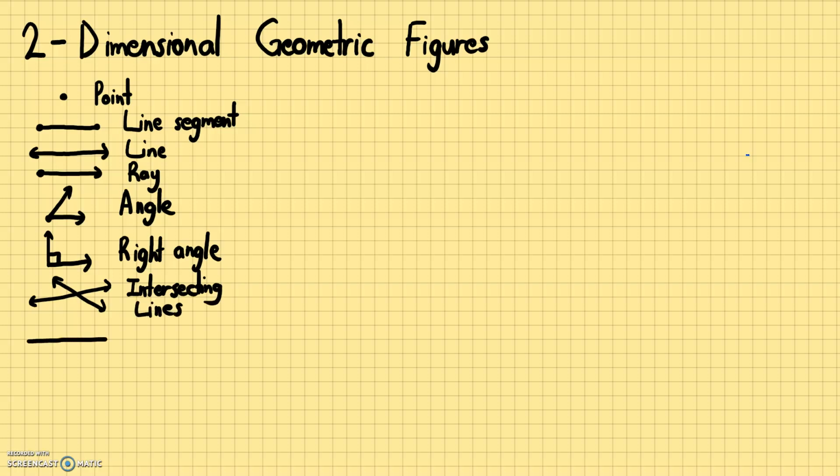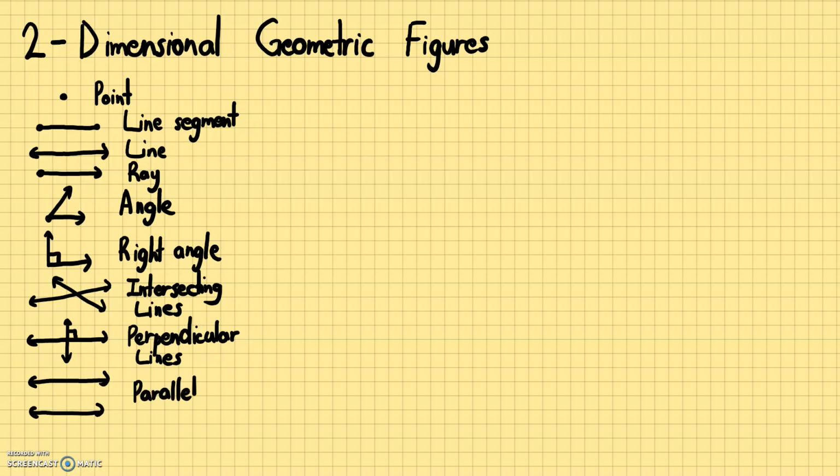Two lines that intersect at right angles, which are called perpendicular lines. And two lines that never cross each other, like that, are called parallel lines.